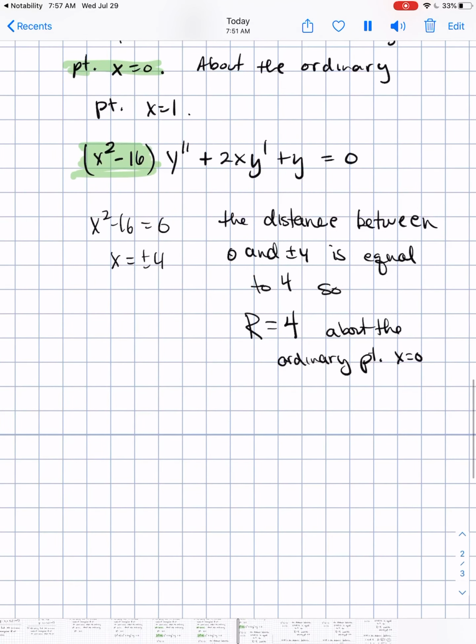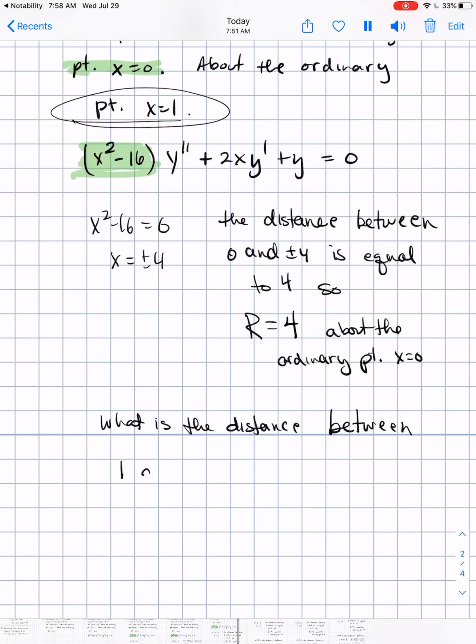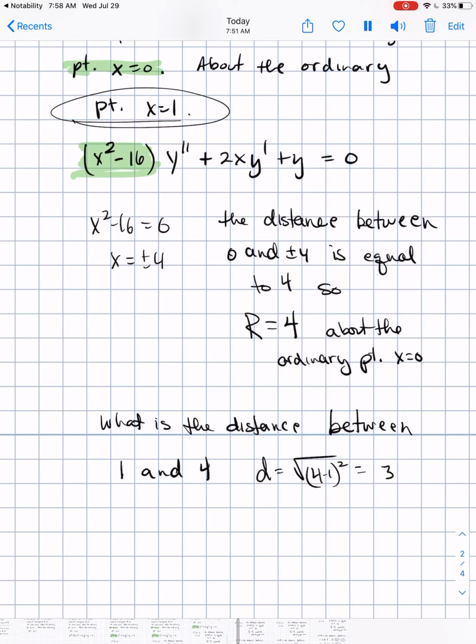But for the point at x equals 1, what's the distance between 1 and 4? If you want to use the distance formula, that's fine. We know that's going to be the square root of 4 minus 1 squared, which we all know is 3.